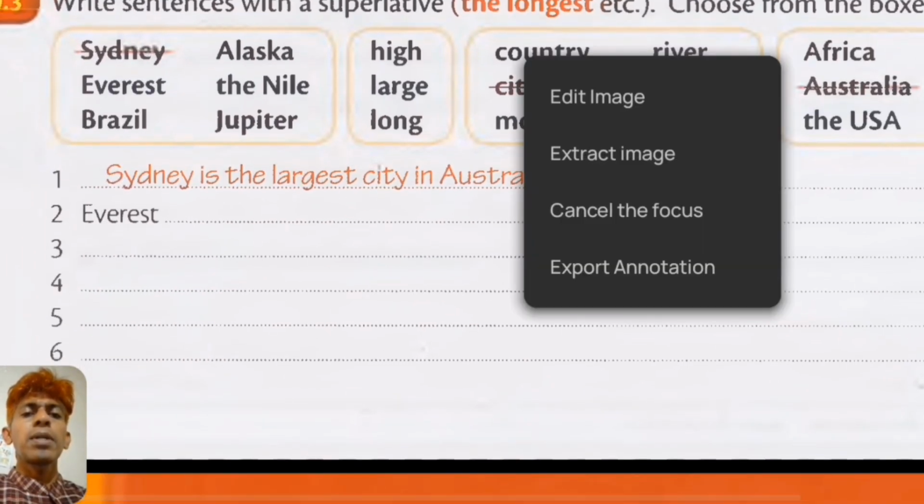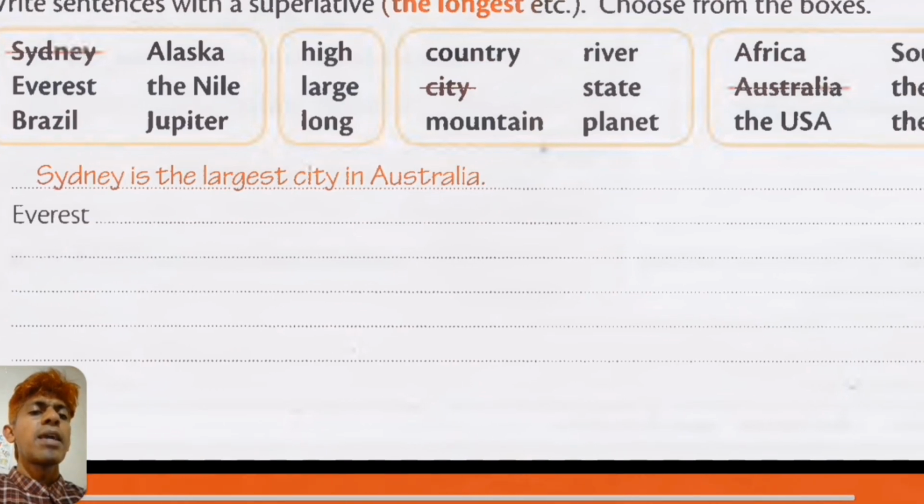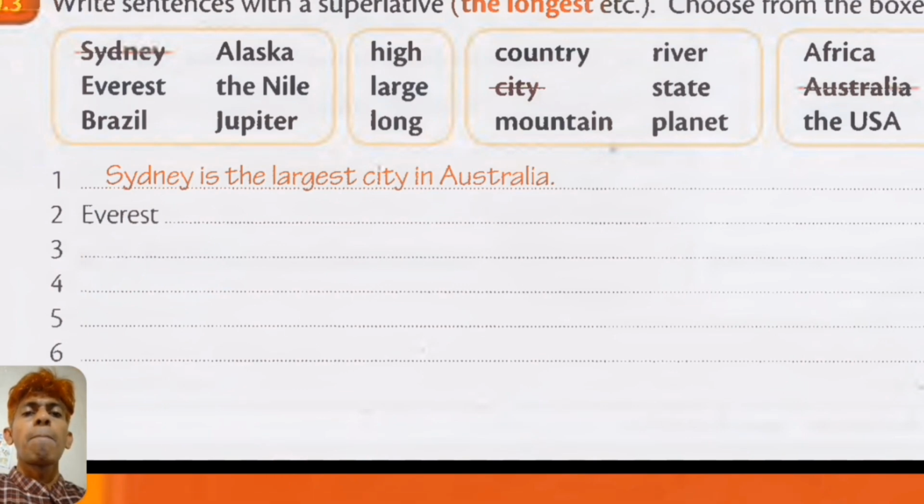Okay. First one. Sydney is the largest city in Australia. Okay, second one.